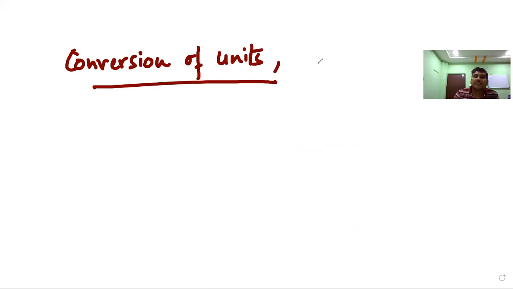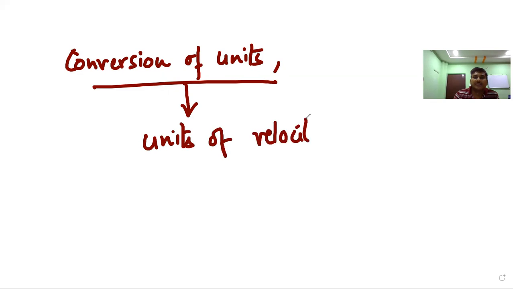Now, same example I am taking. I want to convert the units of velocity. What are the units of velocity? That is meter per second. In the CGS, it is the centimeter per second. FPS, we are leaving it.